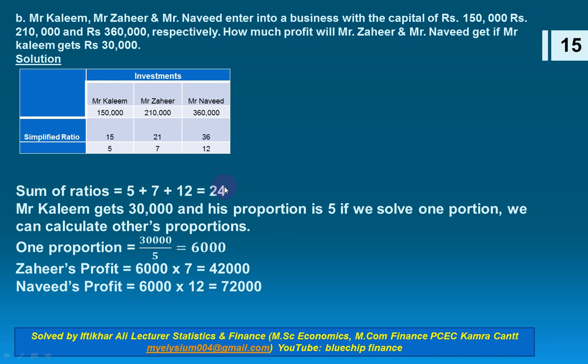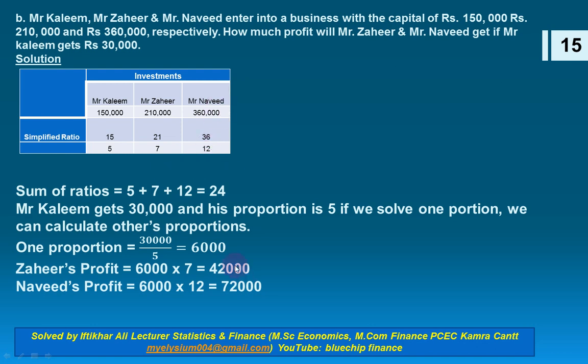So it means that he is getting 5 portions out of these 24 portions. So if we have one portion, we can calculate Mr. Zahir and Mr. Naveed portions very easily. After taking our calculation of one portion, we just simply multiply that one portion with 7 and the result will be Mr. Zahir's profit, and we multiply that one portion by 12 and we can get Mr. Naveed's portion.